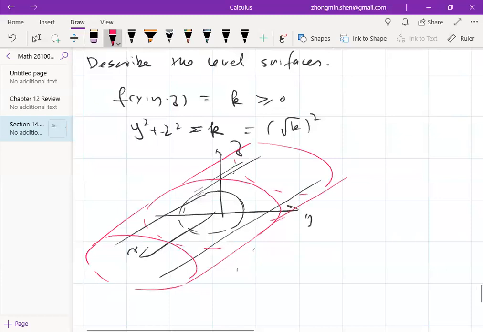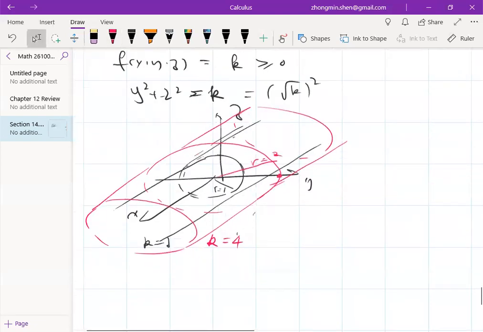So when k increases, here's when k equals 4, the radius is going to be 2. And that radius is 1 when k equals 1. I think that would be enough.